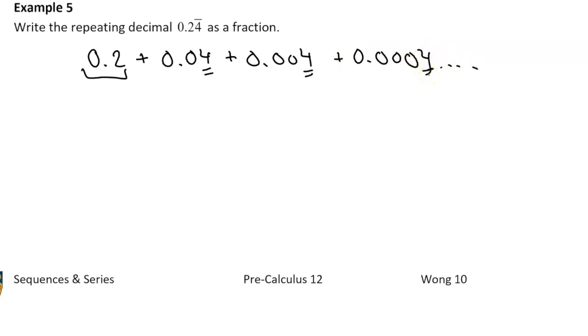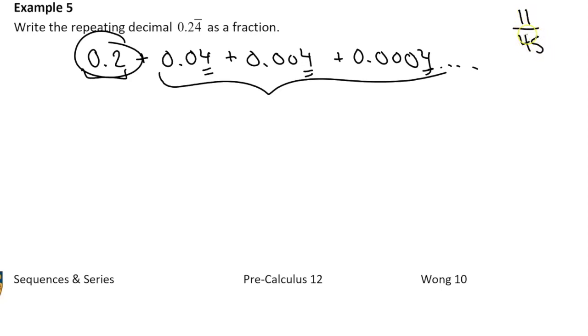And as they continue to repeat, they want to know what would be the sum of this plus this 0.2 that we have right here. Now, of course, we've done our gimmicky way by putting it in the calculator and getting 11/45.